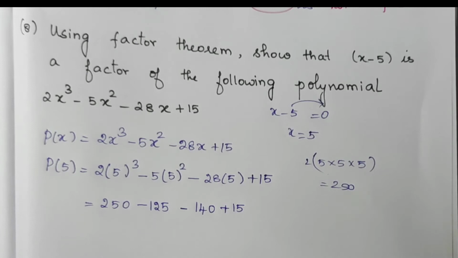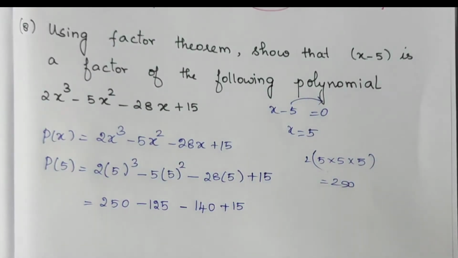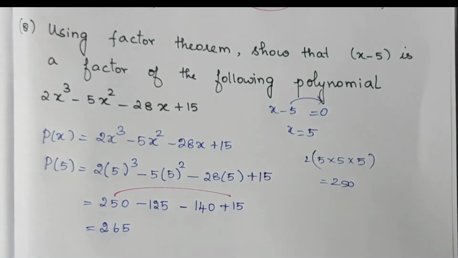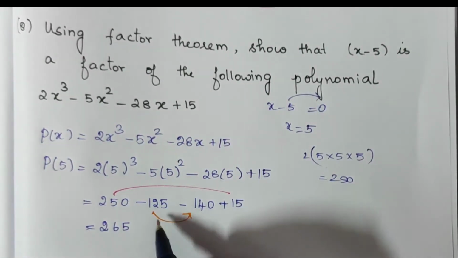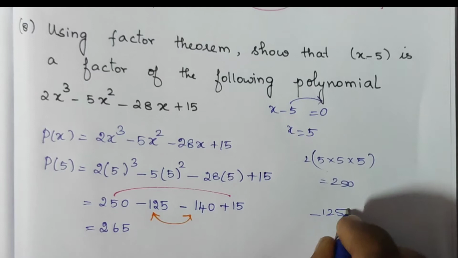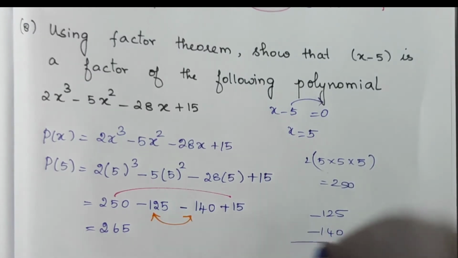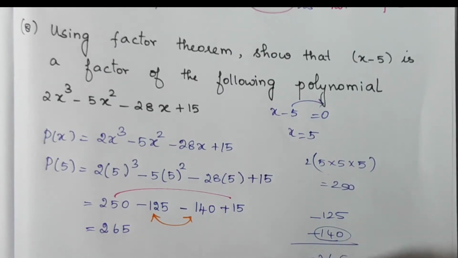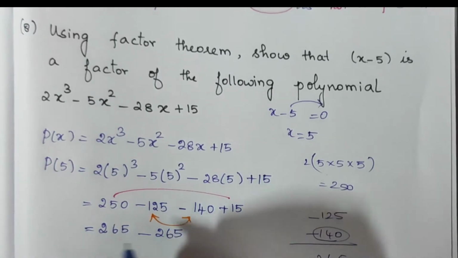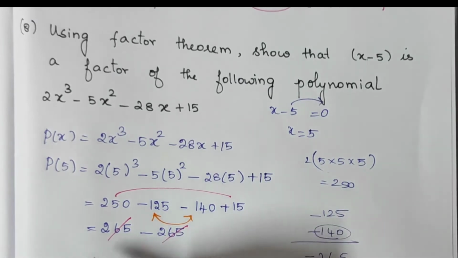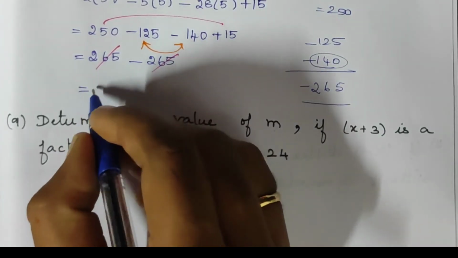So you add the two positive numbers, 265. Then minus 125 minus 140, minus and minus add, so you get 265, and the sign of the greater number is minus. So minus 265. Plus 265 and minus 265 get cancelled, so I get 0.